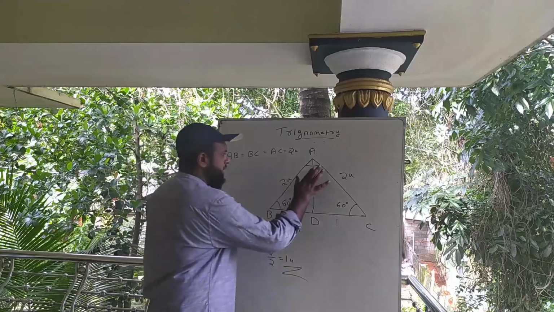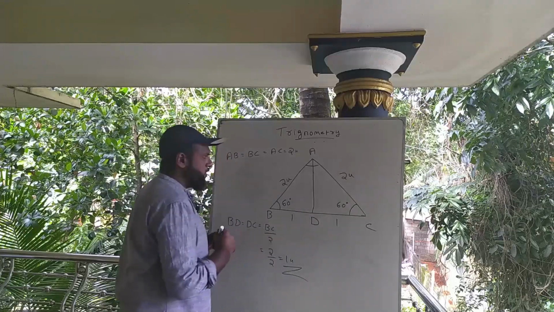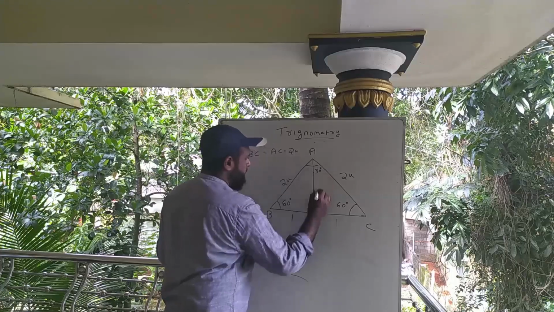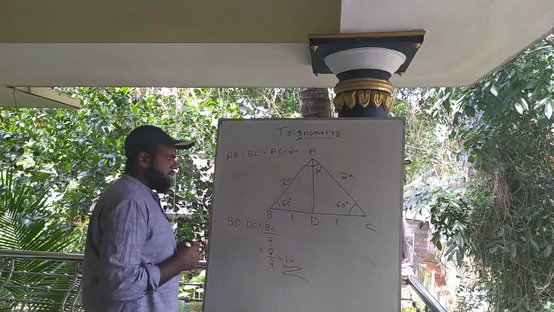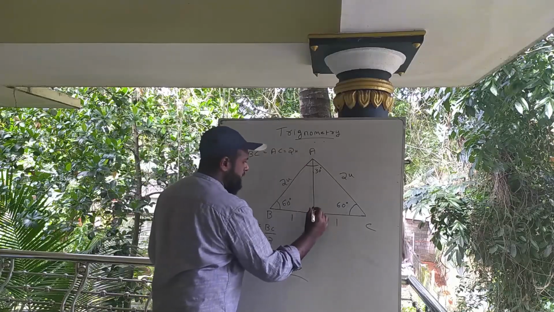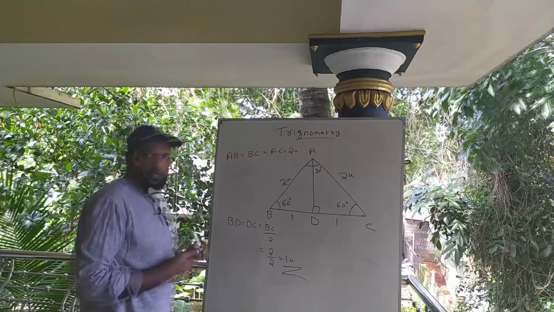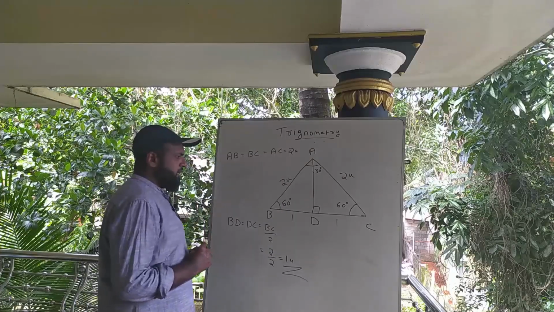Here angle DAC equal to 60 by 2 equal to 30 degree. Here angle ADC equal to 90 degree. To find AD we can use Pythagoras theorem.